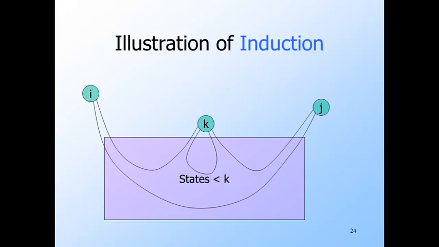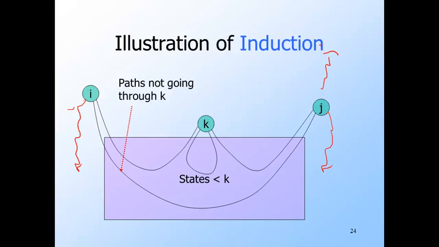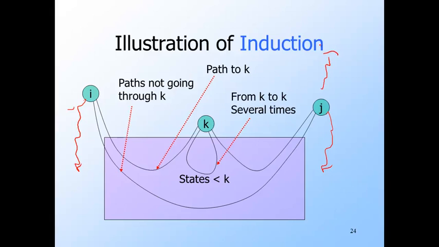Okay. Here's a picture of what a k path looks like, with the vertical axis representing the state number. We've shown i and j above k, although they could be at any height. That is, for example, i could be down here, so could j, or they could be higher. Doesn't matter. So one possibility is that the k path never goes through state k, or it could go through state k for the first time, but only through lower states.